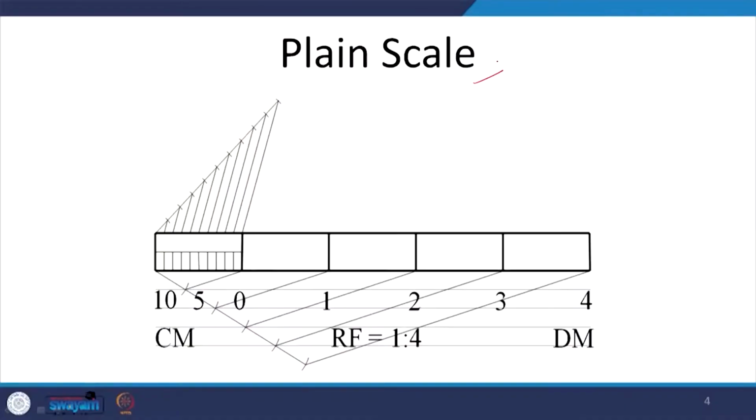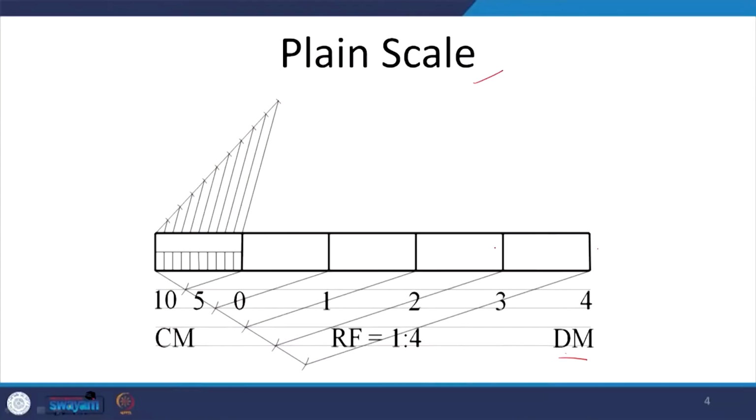The first one is a plain scale, and what we do here is that we would simply draw a straight scale. We would divide it into some equal number of units, sufficient enough to measure the maximum dimension on this drawing, whatever drawing is given. So, that is what we would use.